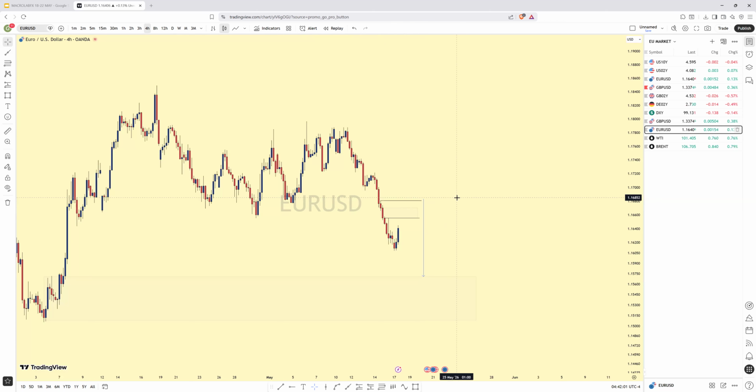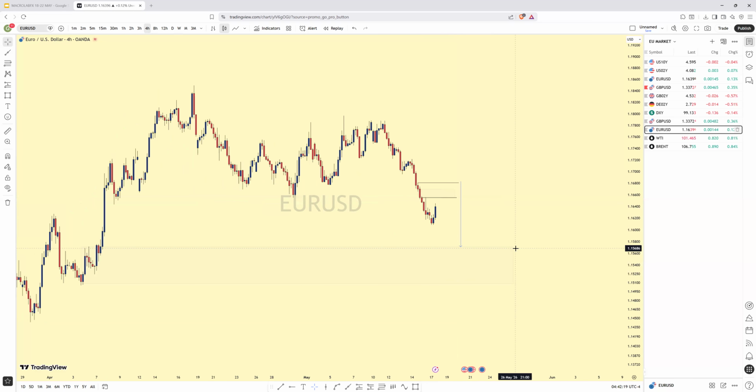That's basically what it says. So that's basically what we should expect from EURUSD this week. How many pips is that? This is just a projection, it could change. 100 pips. Yeah, 100 pips is fine for the week.